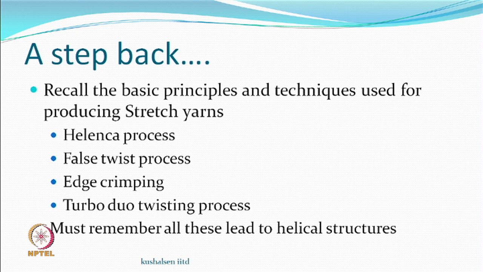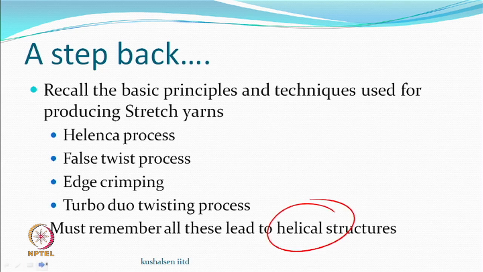This also gives you a helical structure. Edge crimping does not have a twisting mechanism, but still gives you a helical structure. And the turbodue has a twist, but without a twister, and it also gives you a helical structure. So, all these processes which produce stretch yarns gave helical structures.